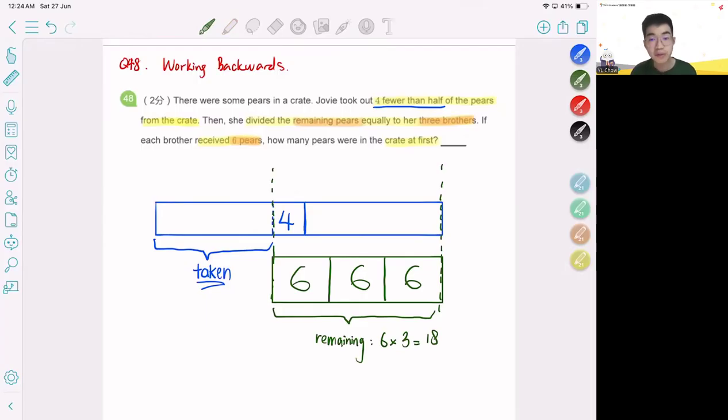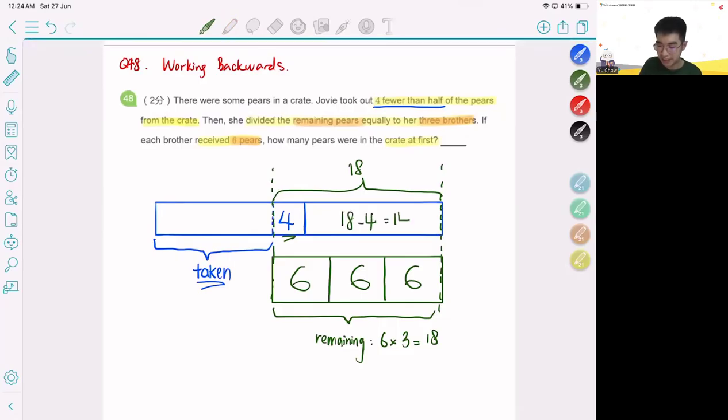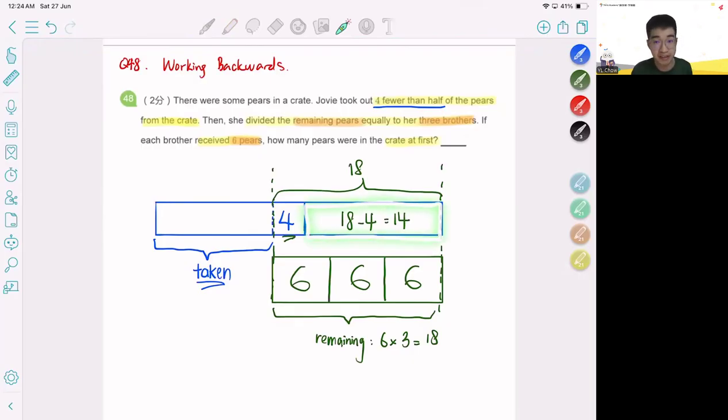All right. So looking back, if we know that this remaining part is 18 and I have 4 over here, that means this part will be equal to 18 minus 4 equals 14. And take note, what is special about this 14? Just now, we realized that this 14 is exactly 1/2 of the pears at the start.